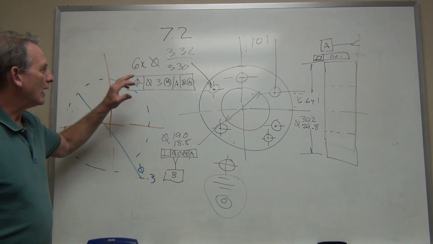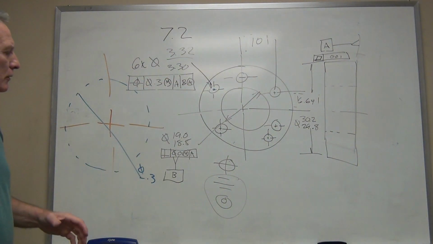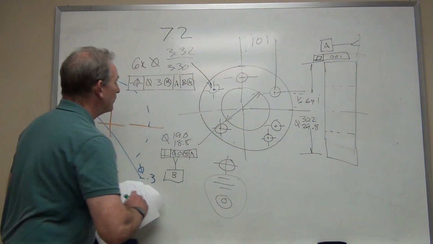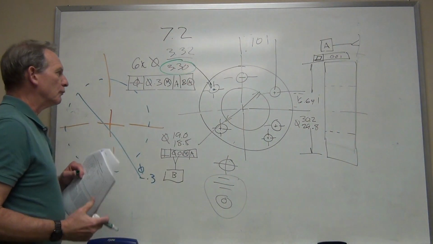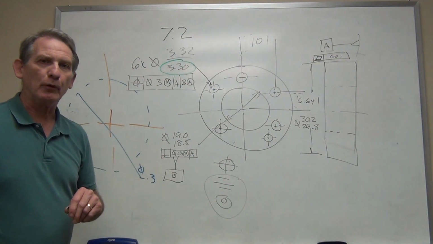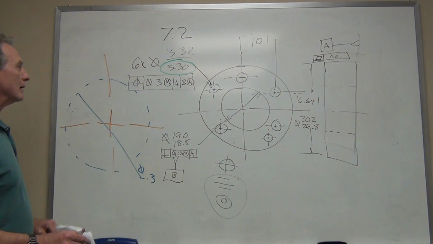This now means that if this hole is at maximum material condition, which if you'll remember is the smallest hole, so if we drill that hole exactly at 3.30, we get a tolerance zone of 0.03.